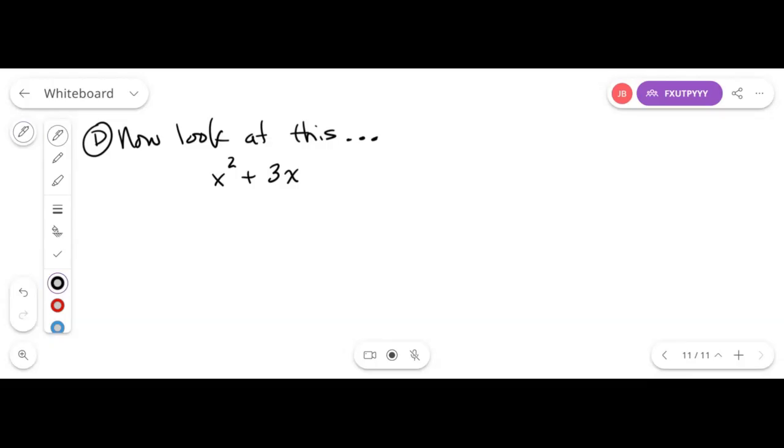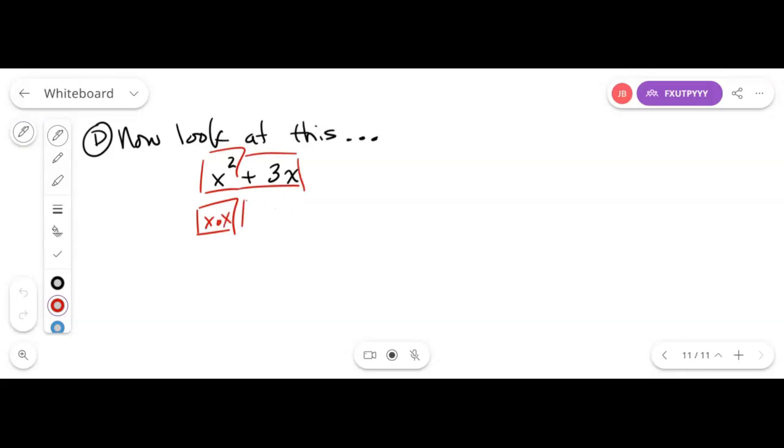Anybody have any idea what I can take out of both boxes? Very good. I'm so glad to see that. X squared is x times x.